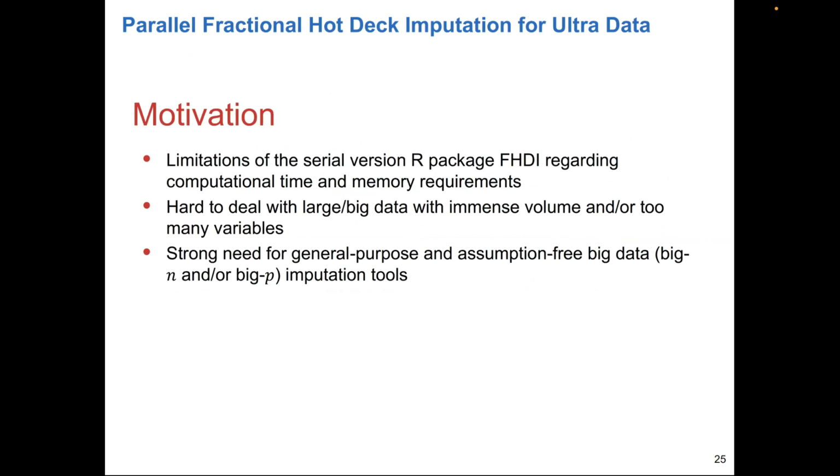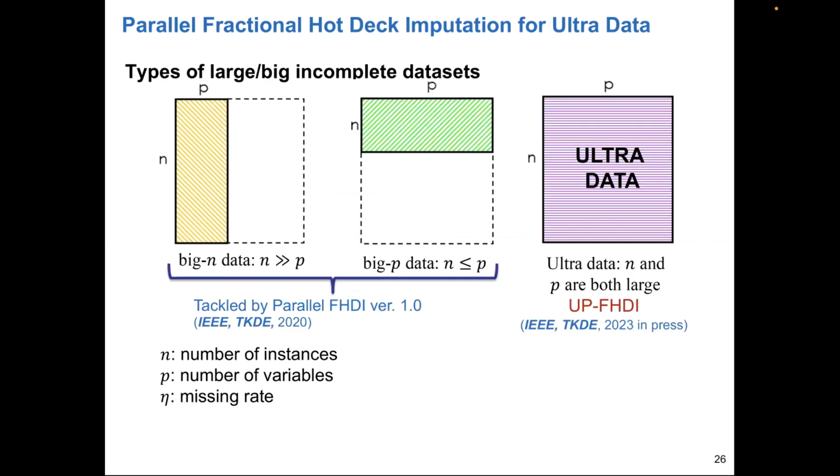But the available R package is only for decently small sizes. So what if we want to cure large data, big data? We need to develop a parallelized version of FHDI. The initial version was to tackle the big N problem, with millions of instances, or the big P problem, with millions of variables in a high dimensional space.